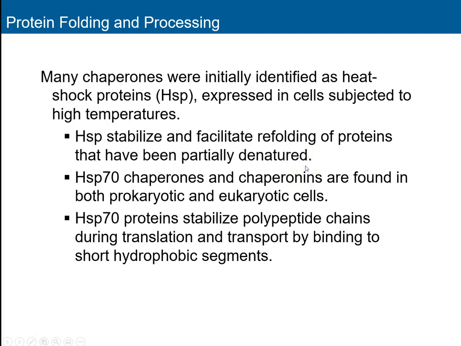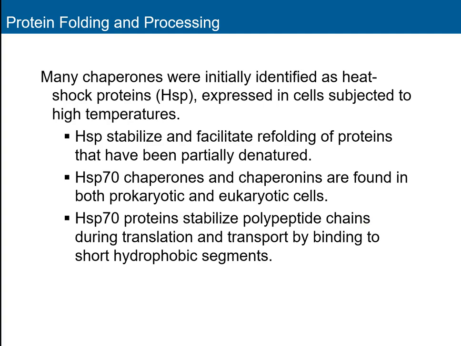So if you heat or cells are subject to high temperatures, their proteins are going to start to denature, right? And so that would then activate this process or the expression of these heat shock proteins to help those proteins, okay?